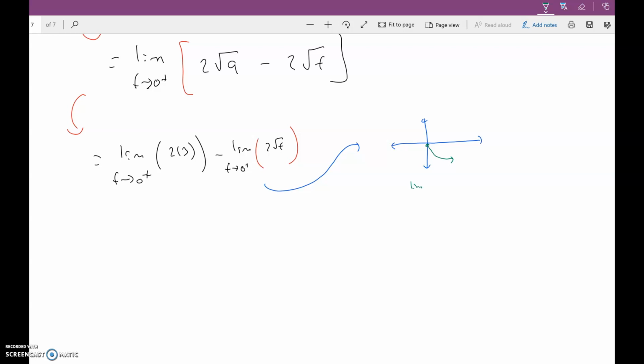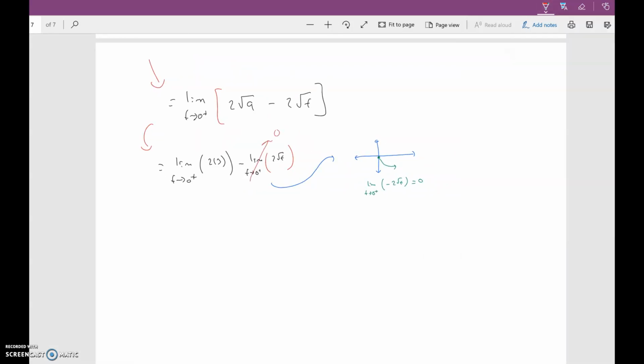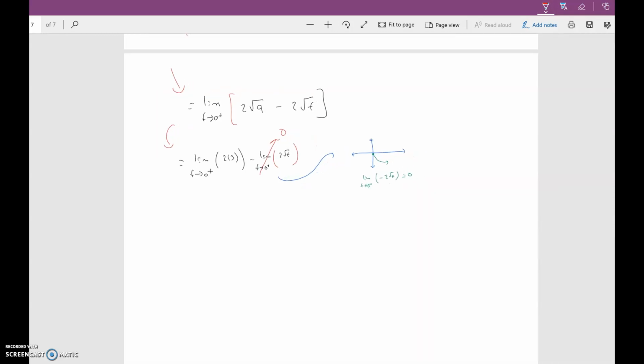So technically the limit as t approaches 0 from the positives of negative 2 square root of t is equal to 0. Therefore this limit goes to 0, and our final answer is going to be simply 6.